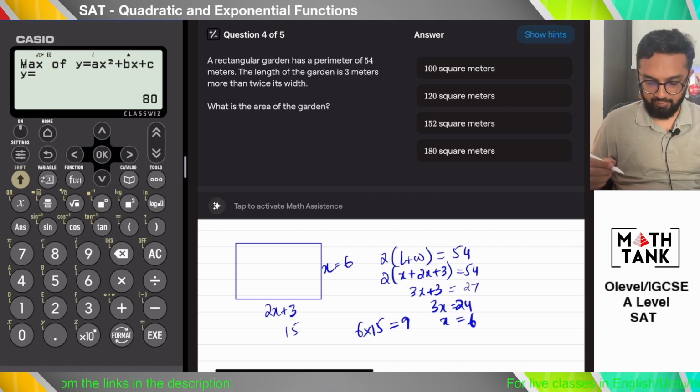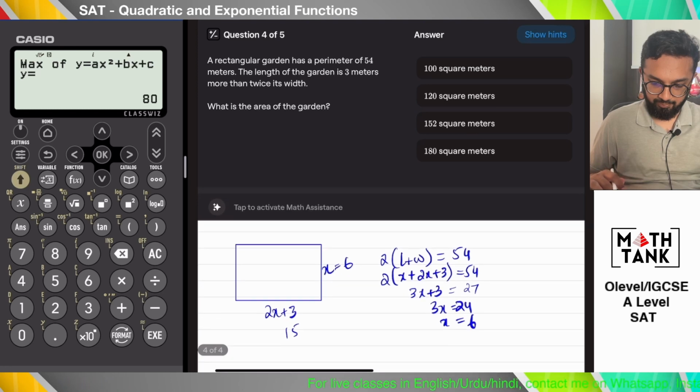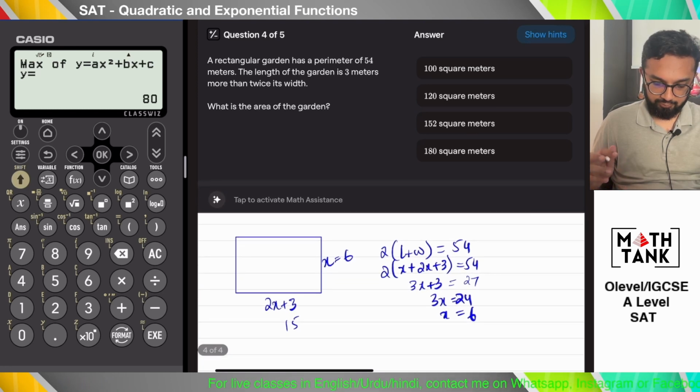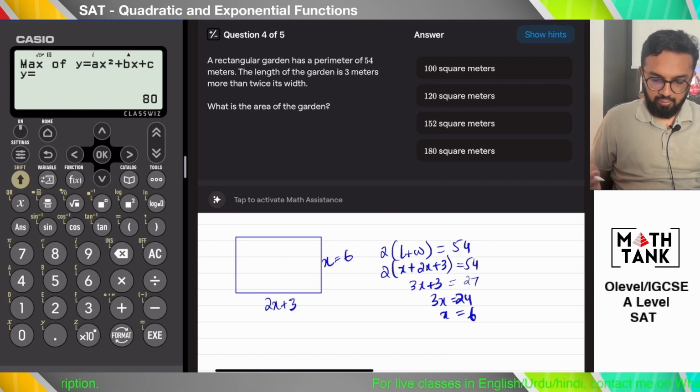I'm just checking if I've done everything right. The length of the garden is 3 more than twice its width. Okay, what is the area of the garden?